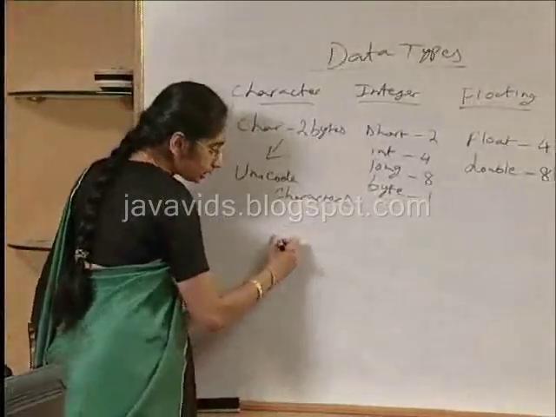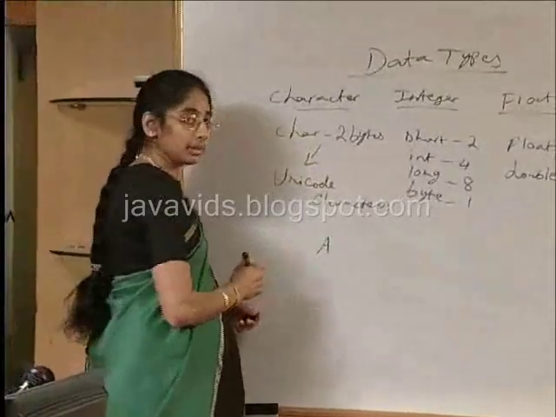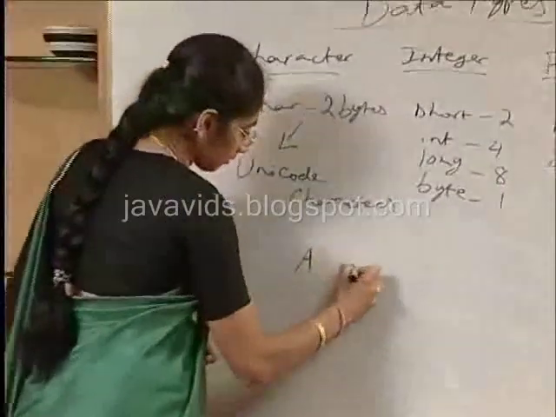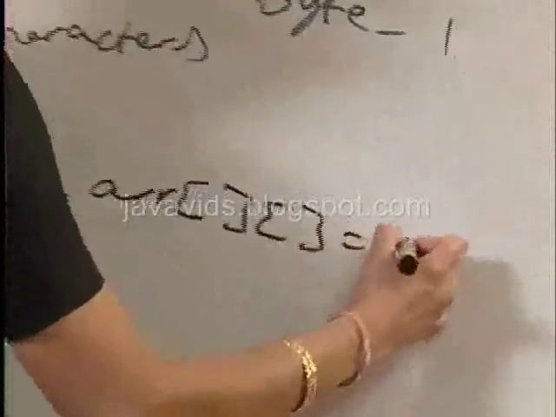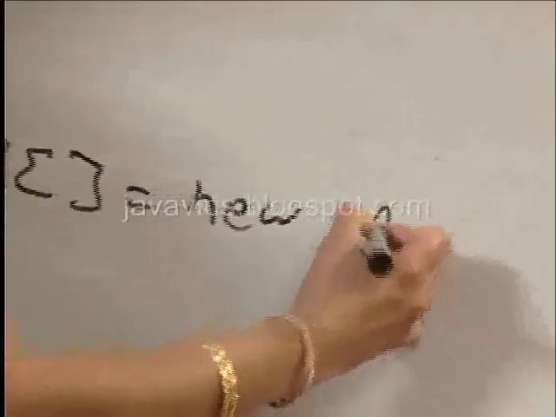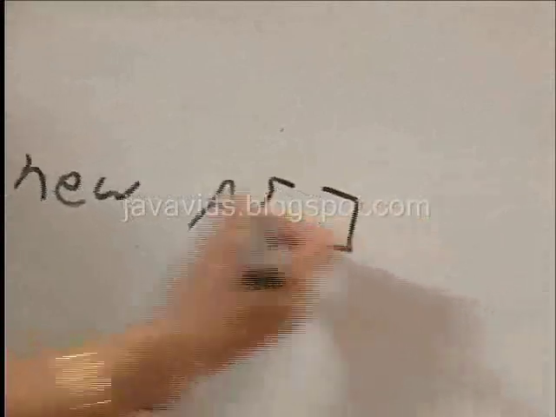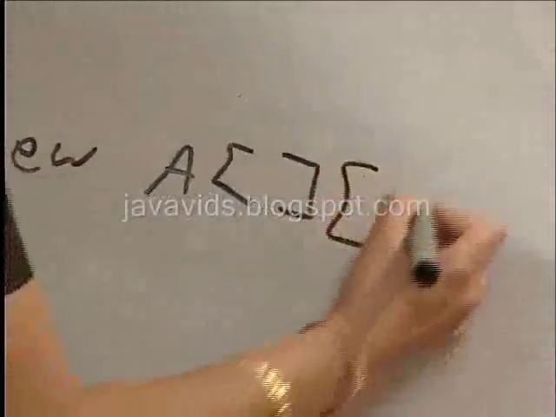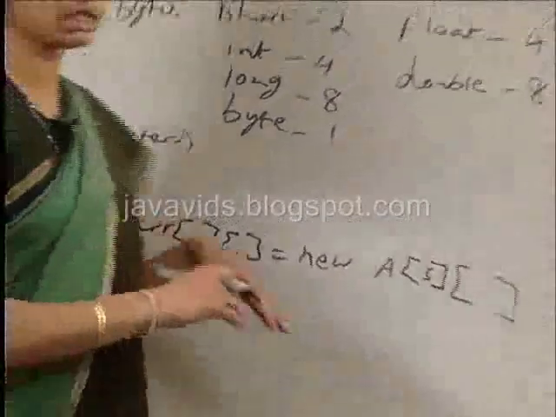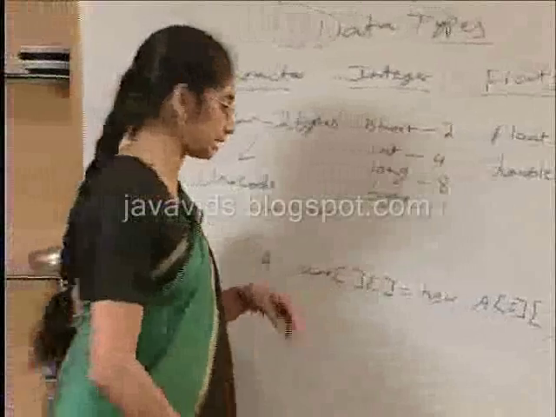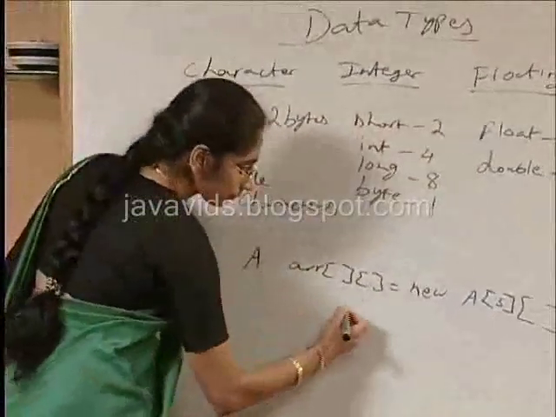Similarly, if you are creating a 2-dimensional array, for example, you can have each of the rows with different lengths in a 2-dimensional array.